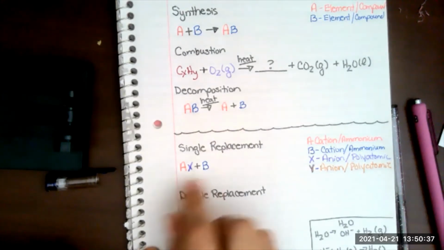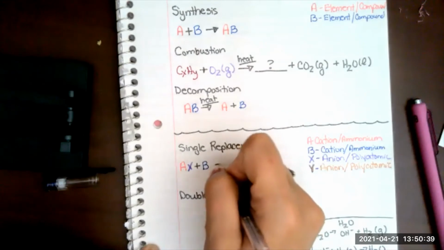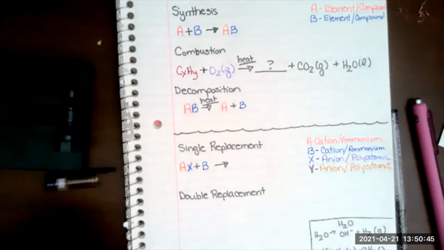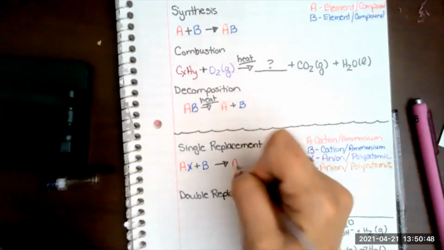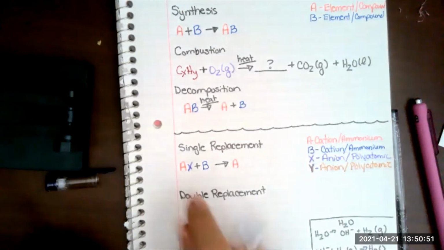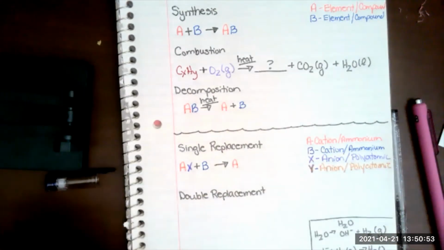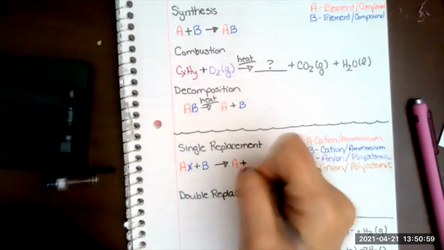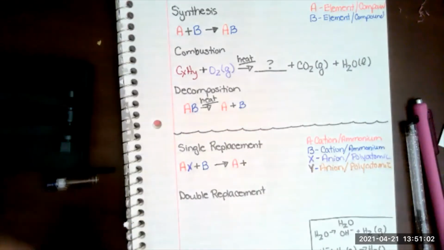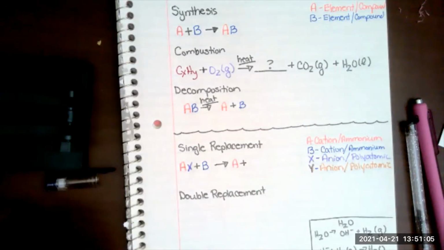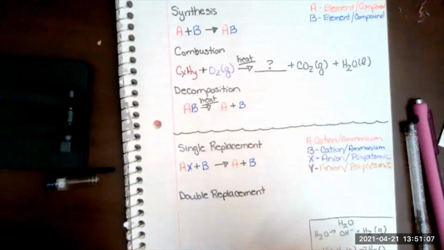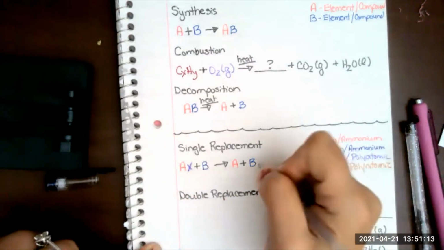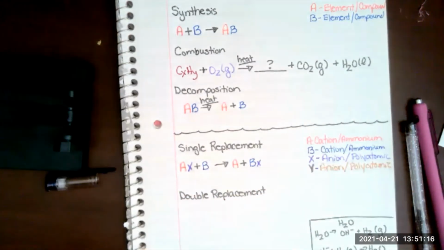So you're going to have AX plus B, and what's going to happen is this X is going to go over to the B. So this A at the end will end up standing alone, so it'll be A. So the A that was in a compound is now by itself, and that B now will be in a compound, an ionic compound with X. So the anion just switches places.